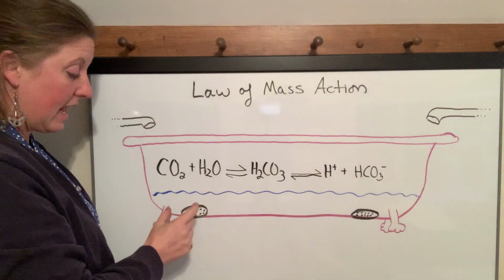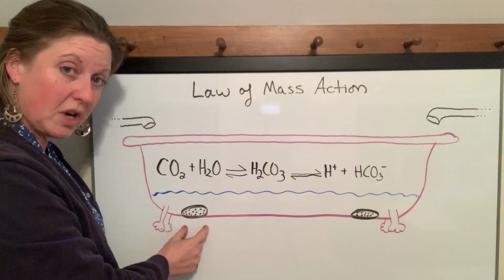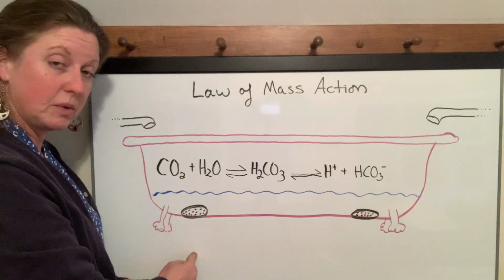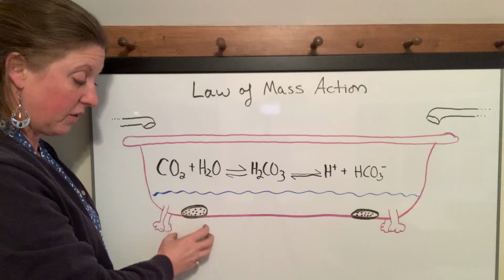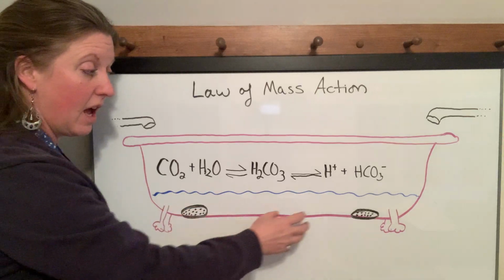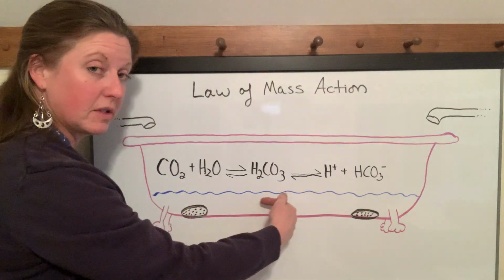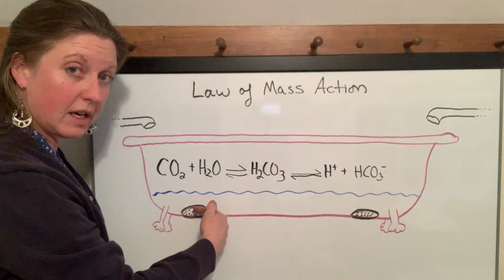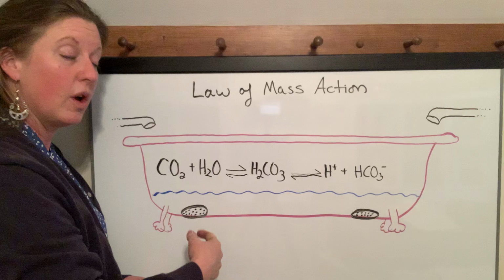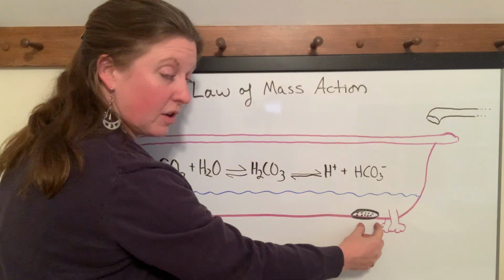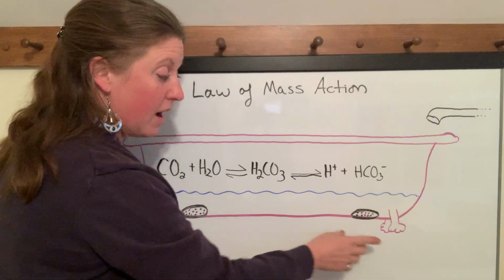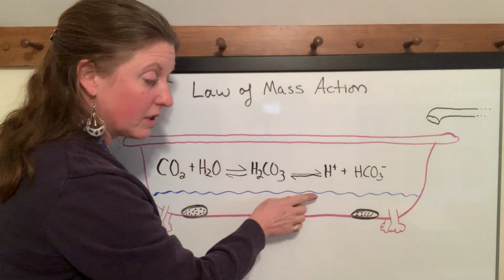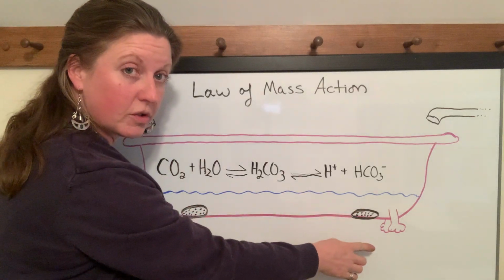If I open this drain, water is going to leave the bathtub, but it's not going to just take the water that's above the drain. All the rest of the water in the tub is going to move toward the drain and leave the tub as well. If I open the drain on this side of the tub, water is going to leave the tub, but the water in the tub is going to move this direction toward the drain.